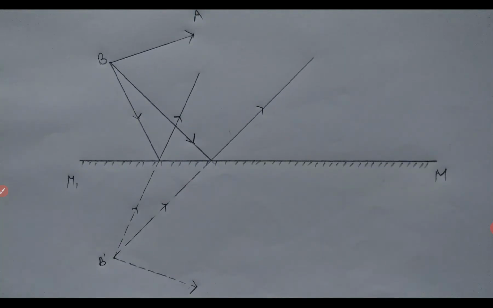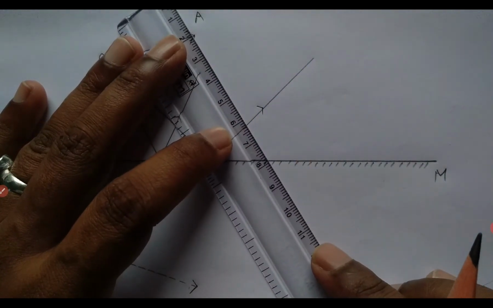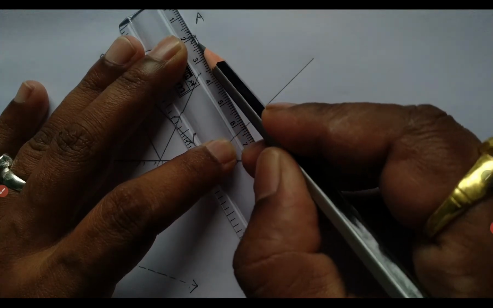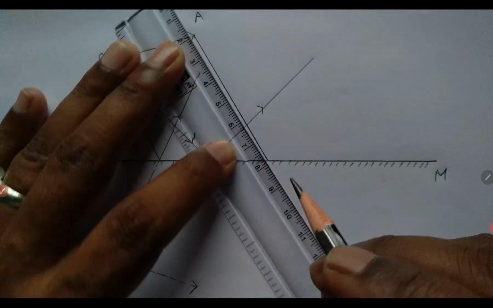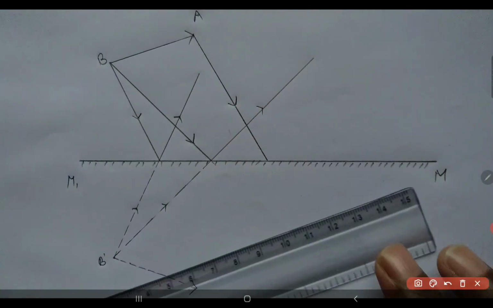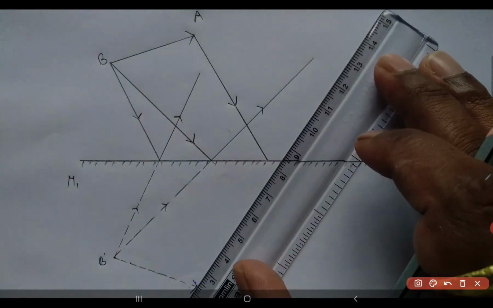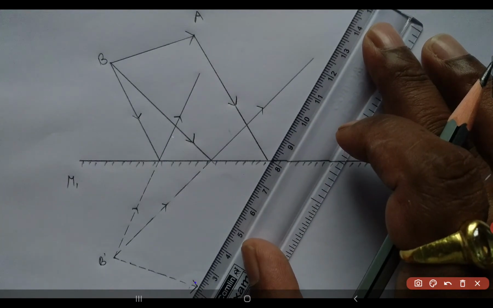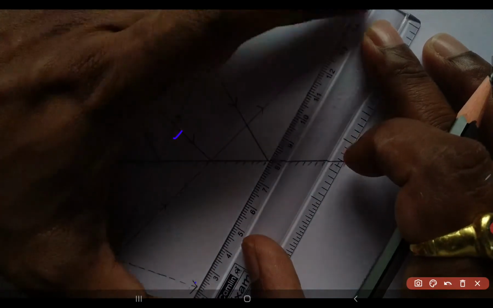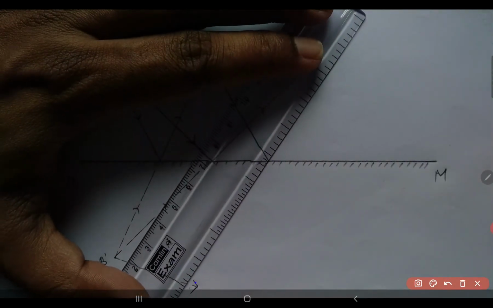Now we can start with the incident ray from A. The incident ray comes and strikes at the point of incidence, and this will also have the reflected ray from this particular point. As you can see, the rays are intersecting, but it does not matter if they intersect in the drawing.